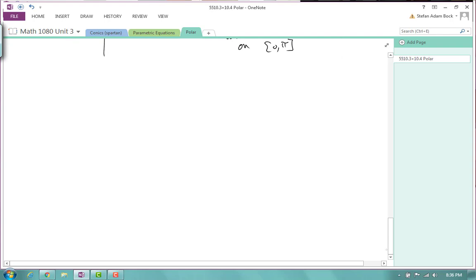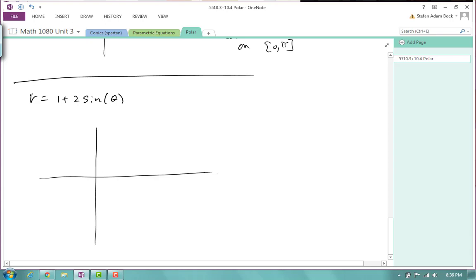Another one of my favorites, r equal to 1 plus 2 sine of theta. So let's see what happens this time. If I plug in 0 for theta, I'm going to actually get 1 this time.